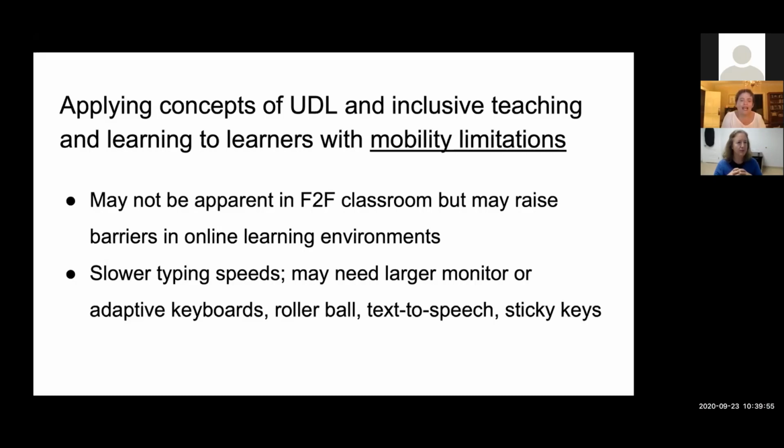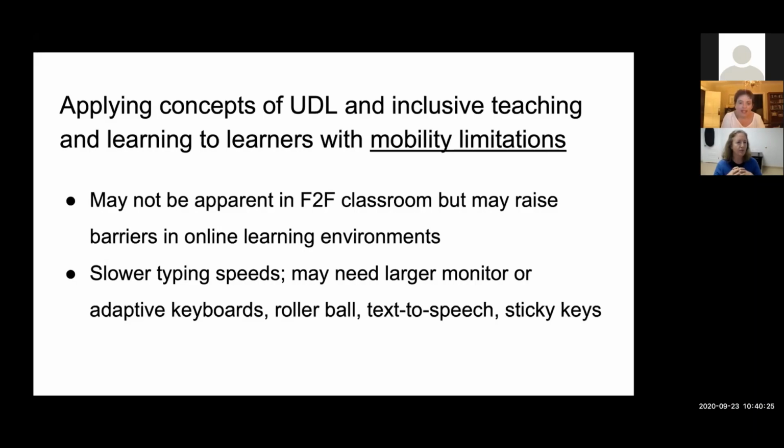But with time, someone may have strong writing skills, but over time the level of endurance falls. And so having extra support in that process and realizing that handwriting may not always be at the same speed as it would be for a learner without a mobility challenge.